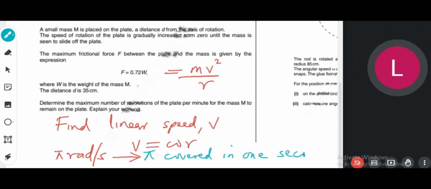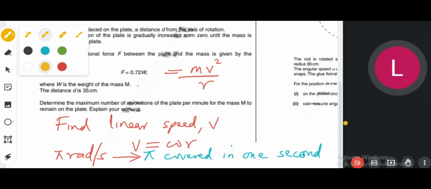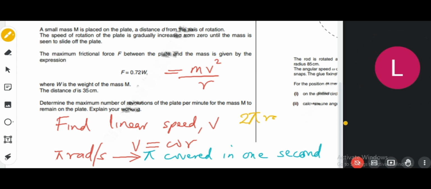So you can know what will be covered in 1 minute. By the way, pi itself is 180 degrees, because in radian measurement, 2 pi rad is equal to 360 degrees. So pi is 180 degrees.